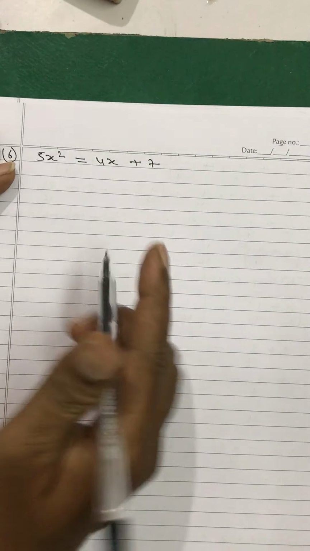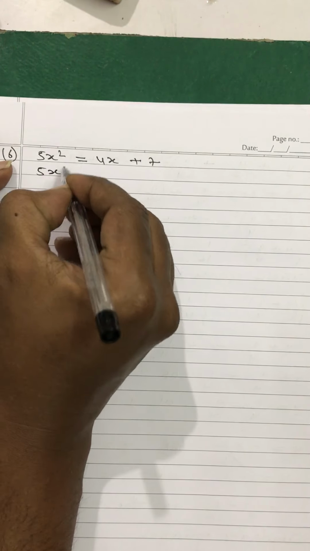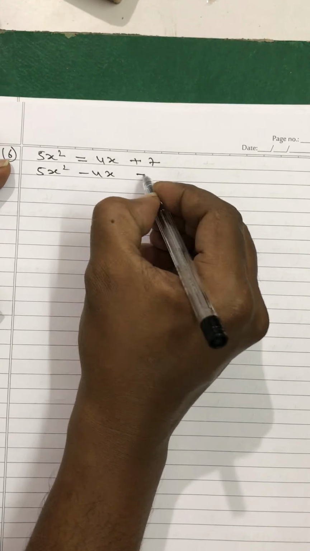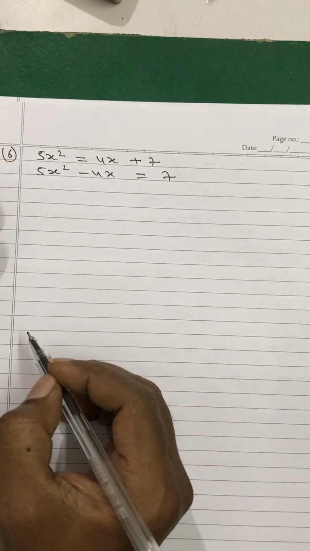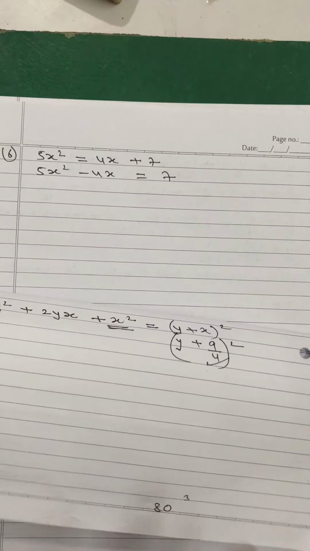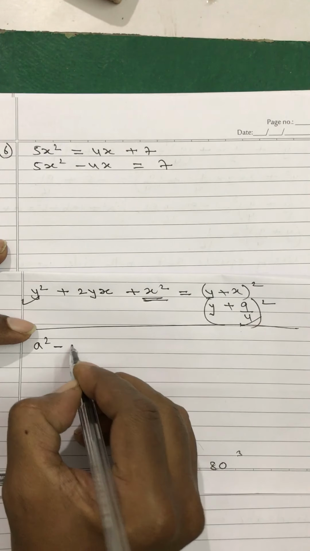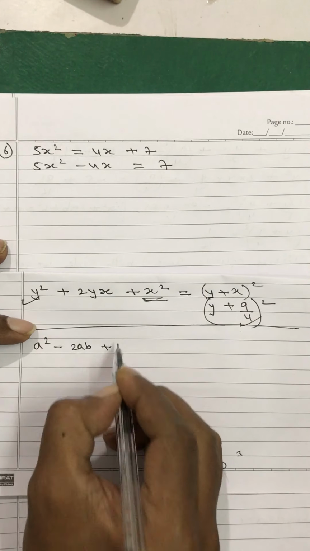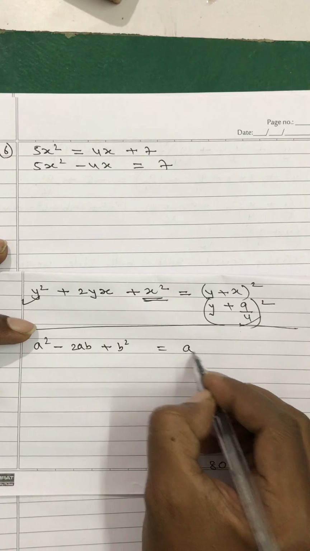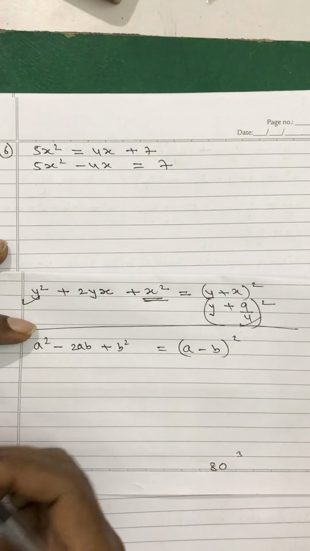So I'll purposely take only 4x over here. So this I can shift it to the form of a square minus 2ab plus b square, which can be further shifted to (a minus b) the whole square.